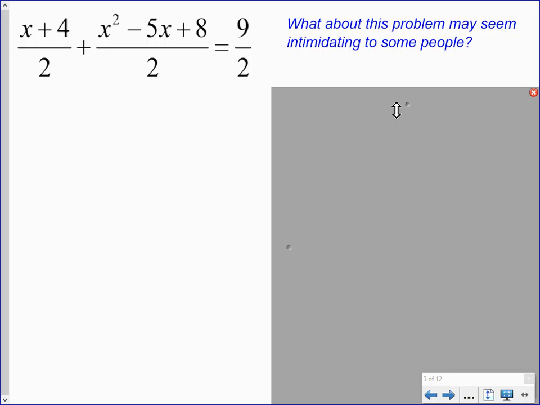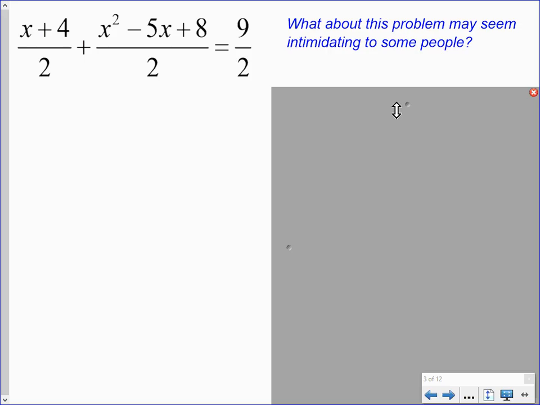So one method I can use is, notice that all of your denominators are the same, and they're all 2, right? So what could I multiply my equation by to make all the denominators disappear? Just multiply the equation by 2.